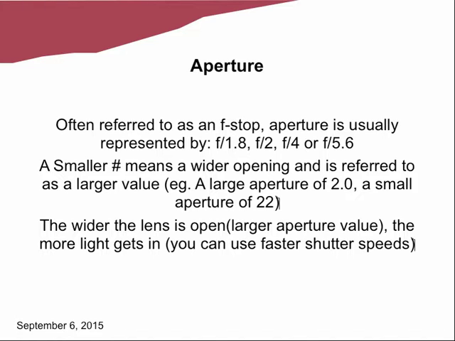The smaller aperture number, the F number, means a wider opening and is referred to as a larger value. So a larger aperture of 2.0, a small aperture of 22. The wider the lens is open, the more light gets in, and you can use faster shutter speeds.